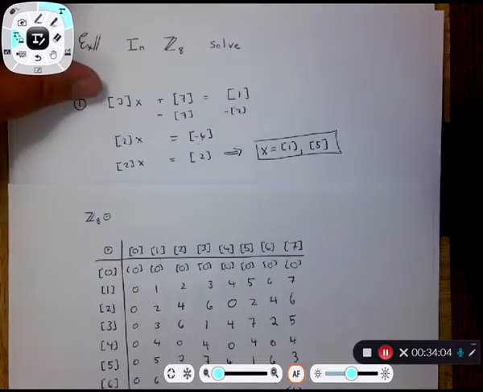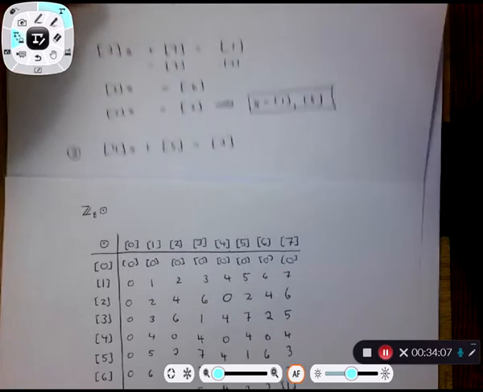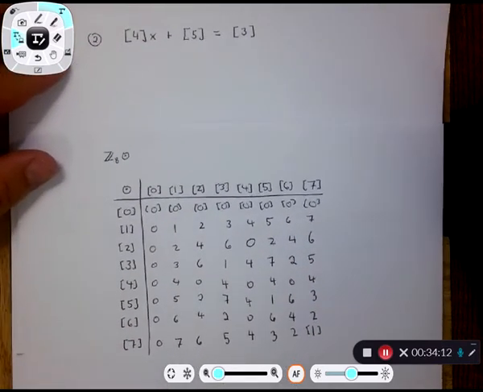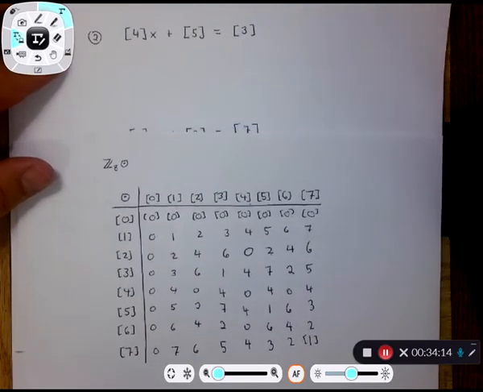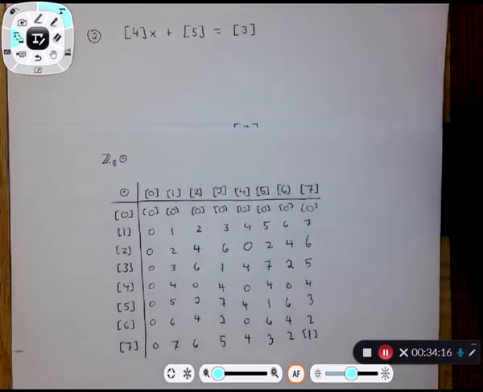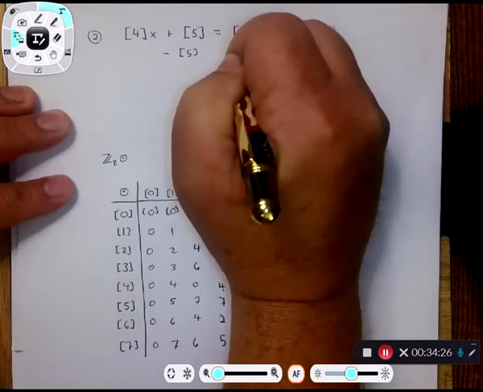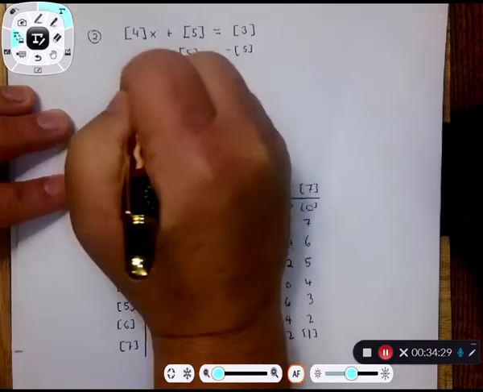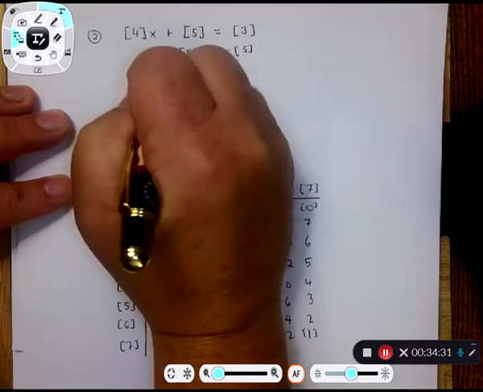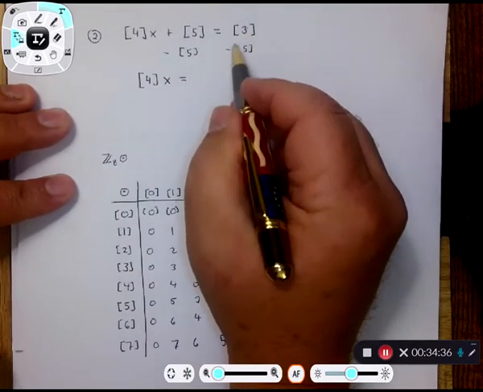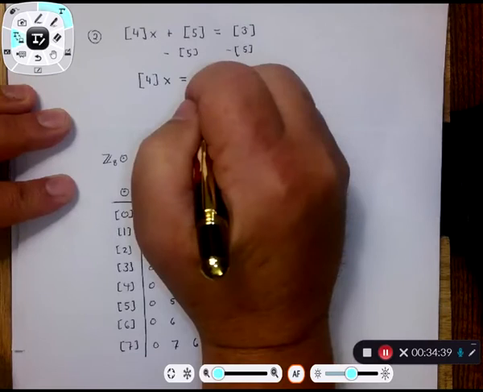So let's do another one. Let's slide this up because I want my table down here again. So here comes your next problem, still in Z mod 8. Equivalence class 4 times x plus equivalence class 5 is equal to equivalence class 3. I'm going to subtract equivalence class 5 from both sides because I'm trying to solve for x. That leaves me with equivalence class 4 times x is equal to, now 3 minus 5 is equal to negative 2.